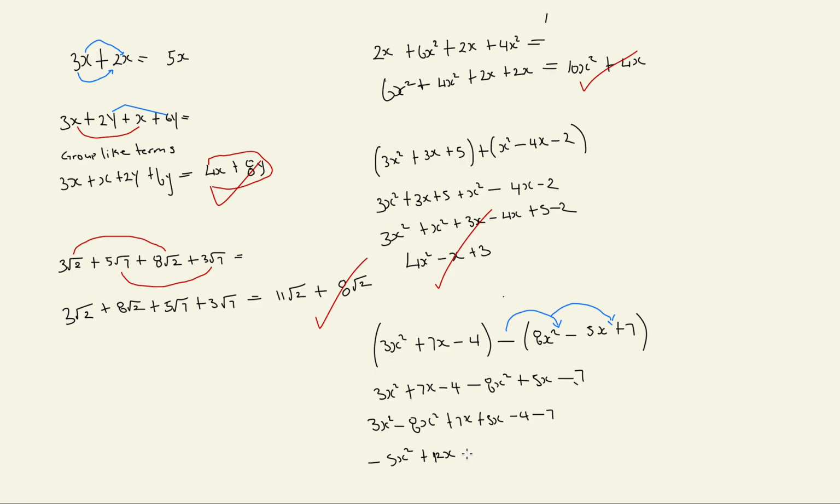Minus 4 minus 7, that's minus 11. So your answer here is negative 5x squared plus 12x minus 11.